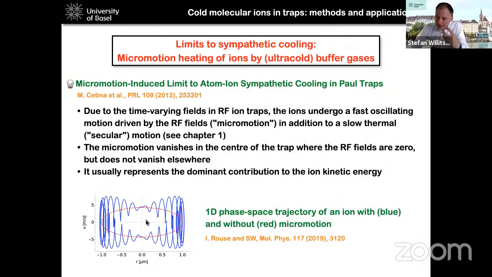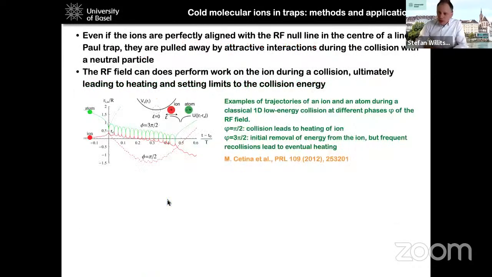So what one typically does in ion trapping experiments is try to minimize this micromotion as much as one can, meaning put the ions into the center of the trap onto the RF null line, where ideally the micromotion vanishes. Even if one manages to do that as well as one reasonably can, in such a hybrid trapping experiment there is still a complication.